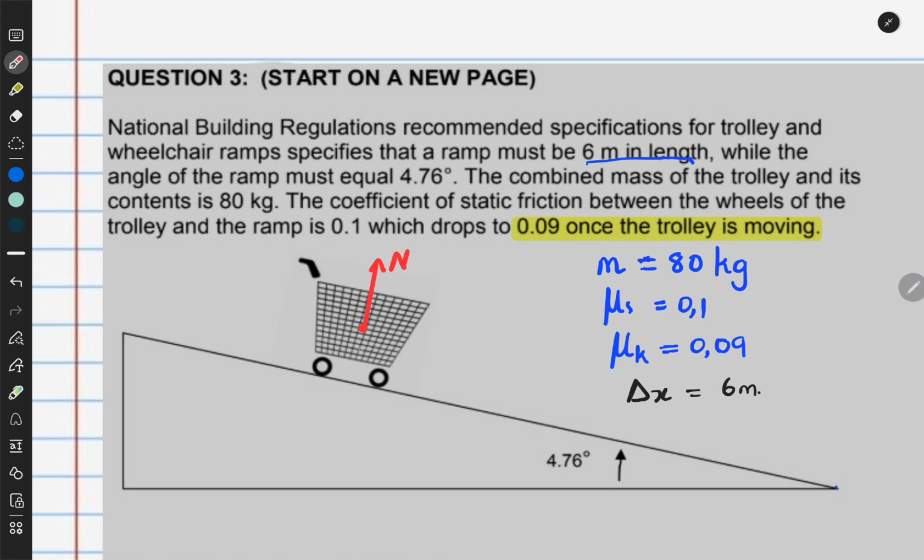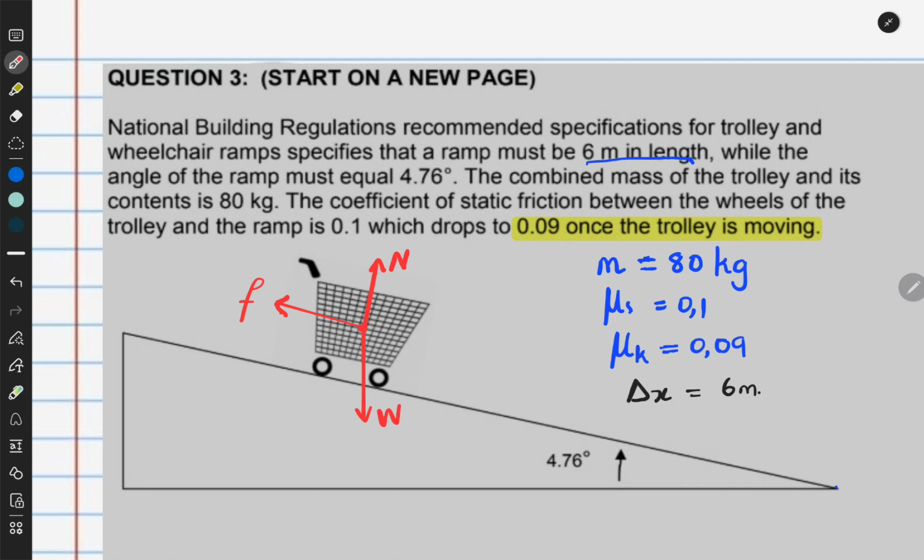And then, remember, we have weight, which acts straight down. My weight looks skewed, but it must act straight down. That is my weight. And then we will have friction resisting the tendency of this trolley to move downward, or resisting the trolley's motion downwards.